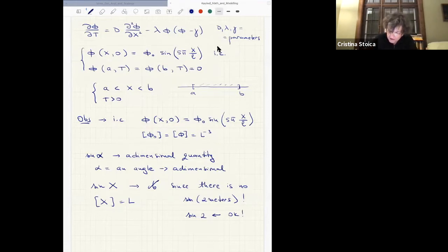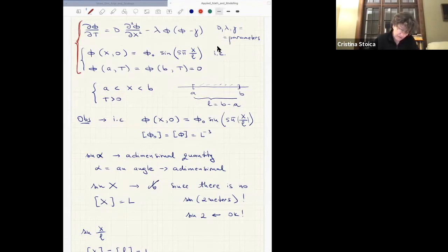So here is x over L. When we write sine of x over L, the dimensions of x coincide with the dimension of L, which is a length, where L is the length of this interval. So this is the problem in its beauty, okay?